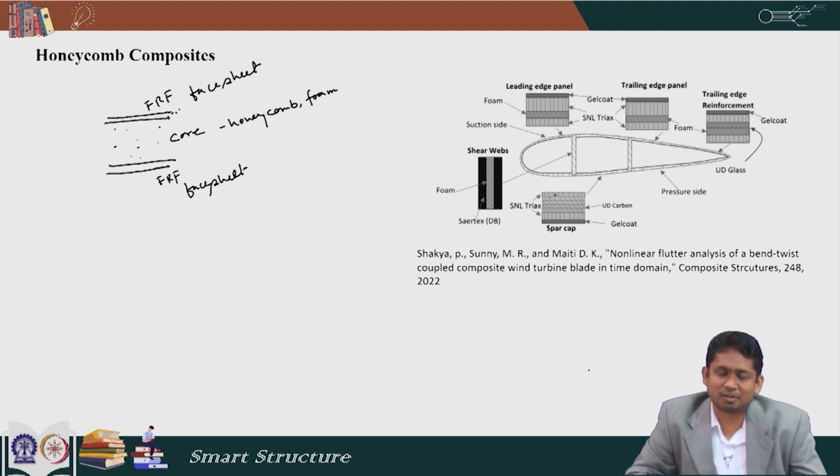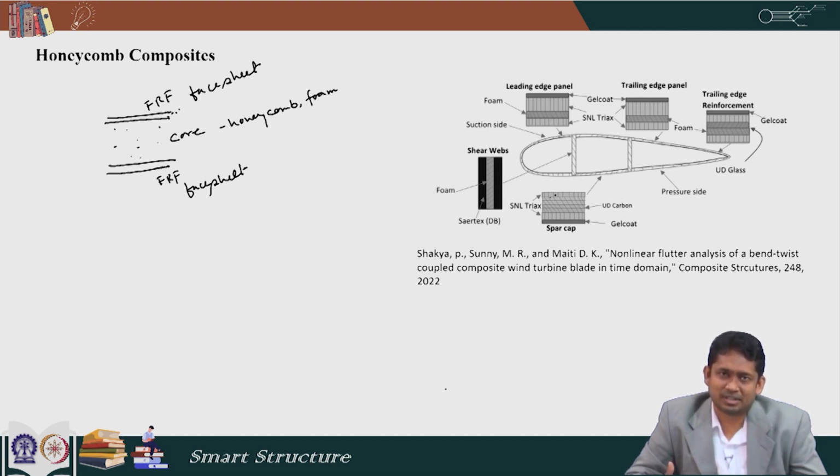So, we have the properties of each individual constituent here. For example, in a glass fiber reinforced composite we can have the properties of glass fiber and the matrix material. The matrix material can be epoxy or polyester and so on. Similarly, in carbon fiber composites we can have the properties of carbon fiber and the matrix material, and from those constituents we will see the properties of a lamina or ply.